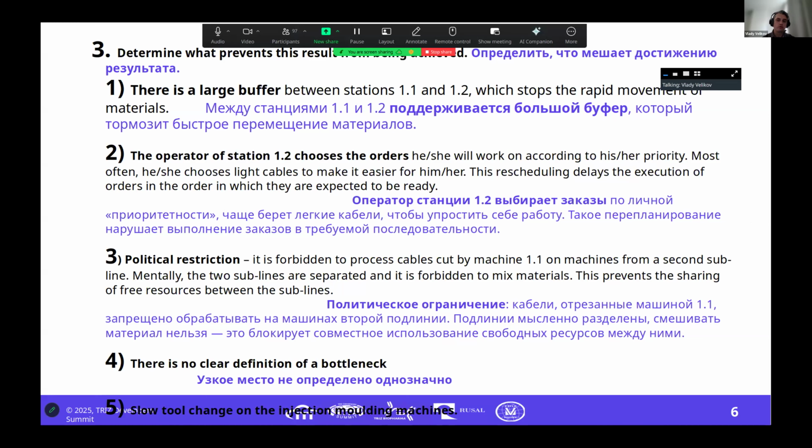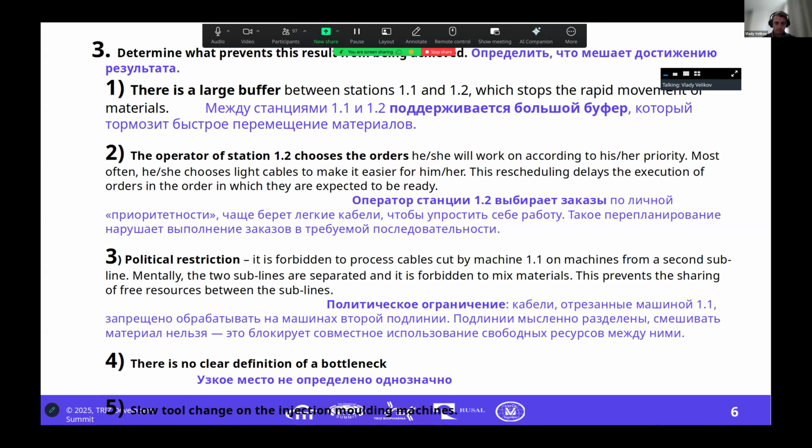And as I told you in the beginning, she is doing rescheduling. Third is a political restriction, which cuts the line into two sublines, and you cannot use a free molding machine. Fourth, there is no clear definition of a bottleneck. Nobody knows which machine, which station is a bottleneck.